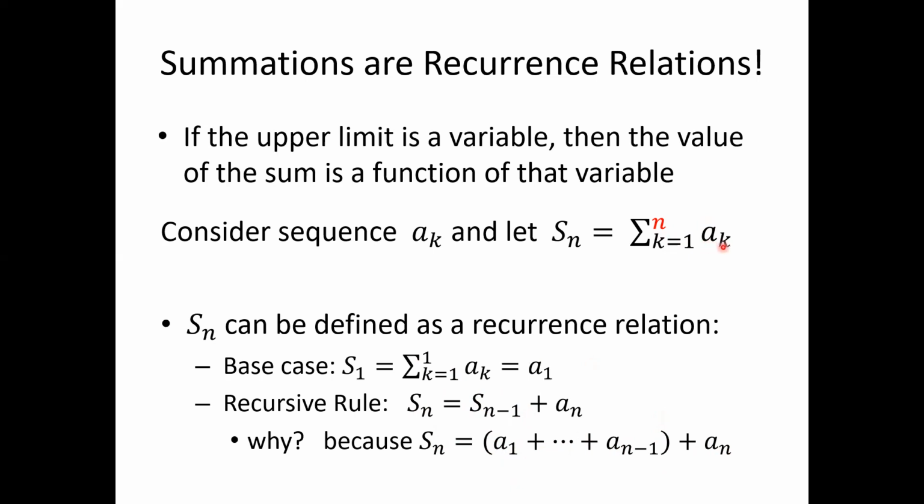This closed formula, I can look at this if I envelope it, and I notice that the first n-1 elements define the previous element of the sequence, namely this one. Then if I want to, I can look at this as a case of a recurrence relation. Okay. So summations are nothing else than these types of recurrence relations.